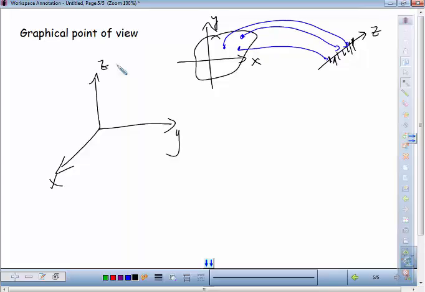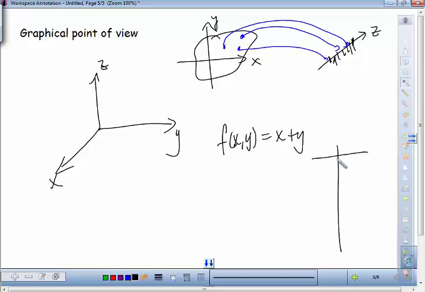So let's take a look at the first one. What we can do is be kind of primitive with this and make a table.